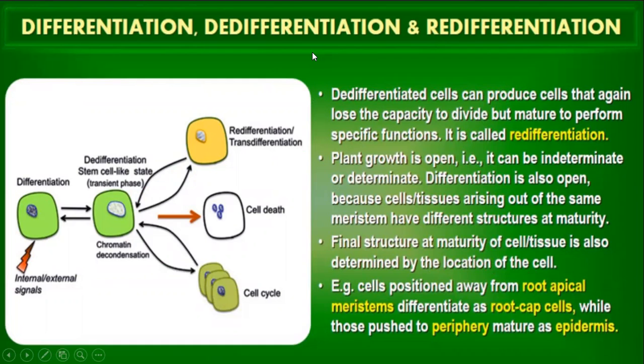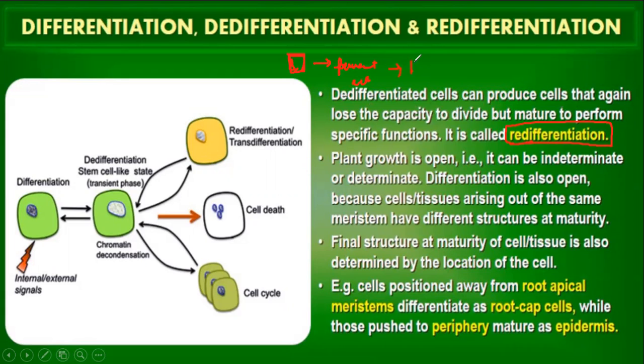Next term that we will be discussing is redifferentiation. The meristematic cell will lose the capacity of division and convert into a permanent cell.